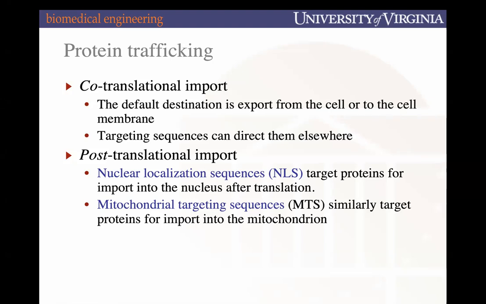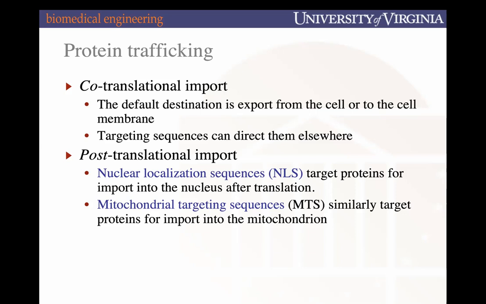And so we're going to finish up this lecture discussing the post-translational import that's associated with nuclear localization sequences and the mitochondrial target sequences. Typically, the proteins that are being trafficked up to the nucleus or into the mitochondria are proteins that are uniquely tasked with functions that situate them within the nucleus or within the mitochondria.